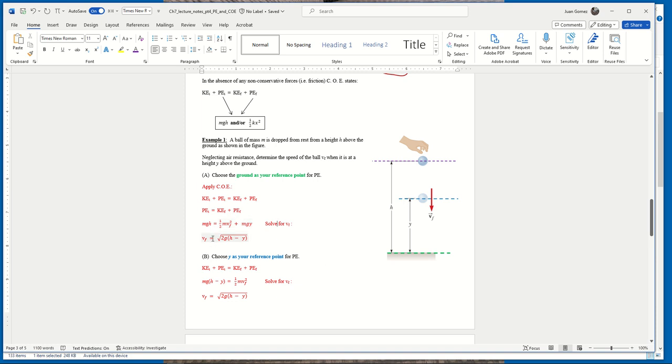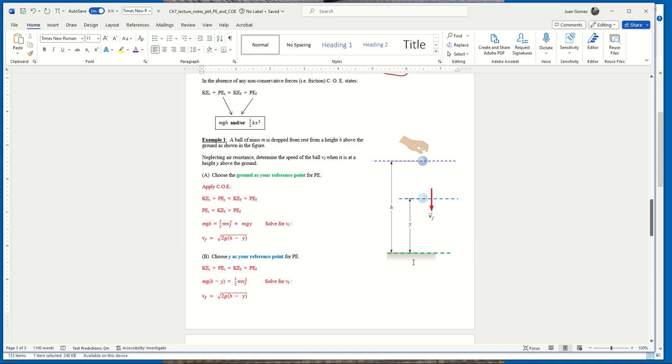Algebraically, it's not complicated to solve for vf. The masses cancel. Take the gy term to the other side, and it becomes negative. Pull out the g, then you have h minus y in parentheses, multiply by 2, then take the square root. You get vf as the square root of 2g(h minus y).